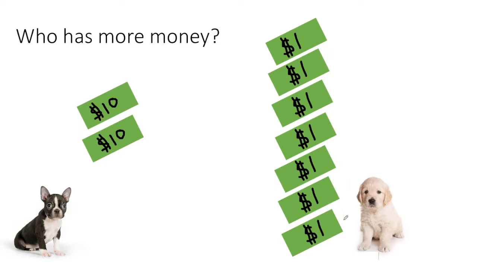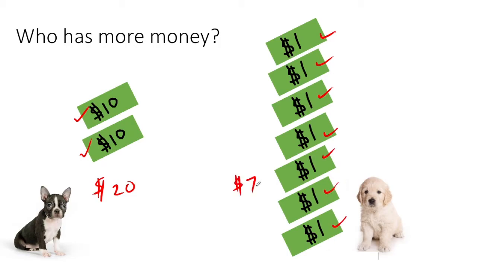But if I were to tell you the value of those bills was not the same, that Bruno's bills were 10s and Fluffy McFlufferson's were 1s, now our opinion changes about who has more money, because Bruno actually has $10, $20, and Fluffy McFlufferson has $1, 2, 3, 4, 5, 6, $7.